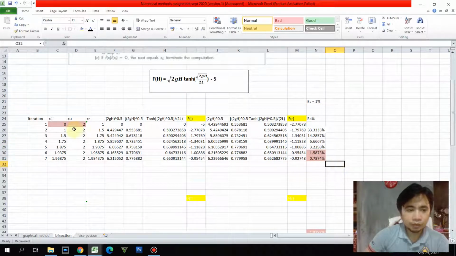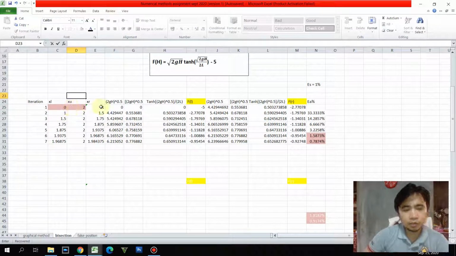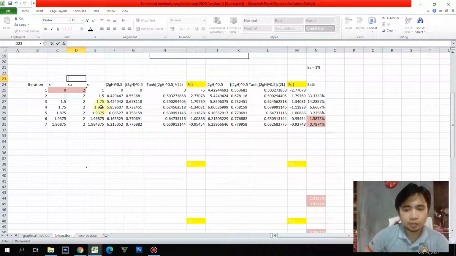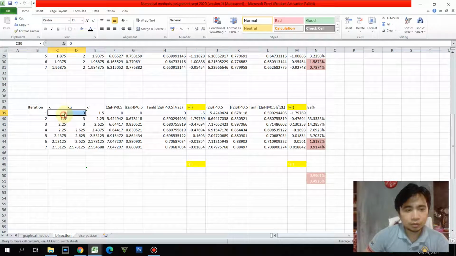So perhaps we can increase the range, because the range is from 0 to 2, then we will have perhaps a more precise value. And then from that, I have also considered a range of 0 to 3. I have adjusted my range now.